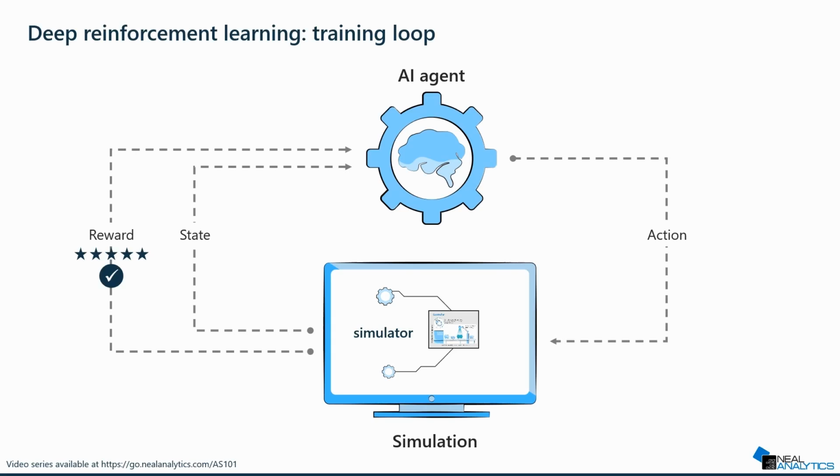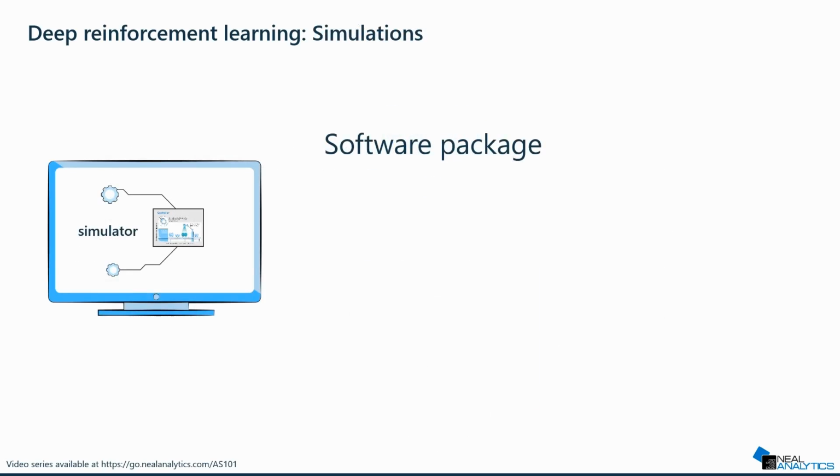This is easily understandable because in most situations, it will obviously be impossible to use a real-life system to train the AI in a trial and error fashion. Simulators are going to be a critical part of any deep reinforcement learning project. And there are several strategies when it comes to developing the right simulator for your system.